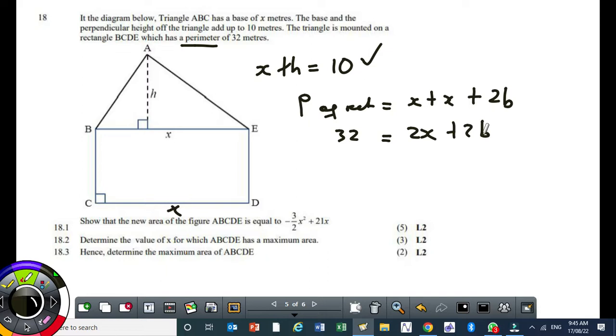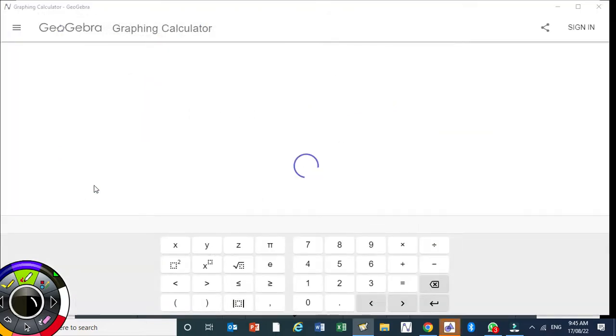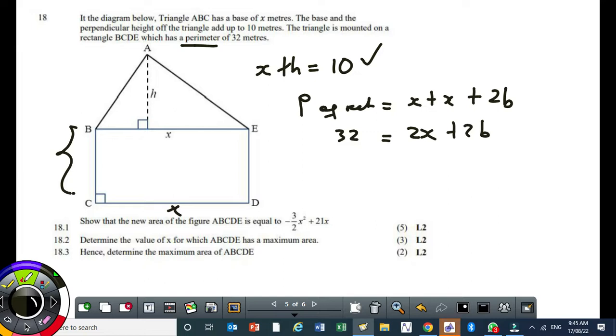Now, based on the information given here, it's not very straightforward what the breadth will be.